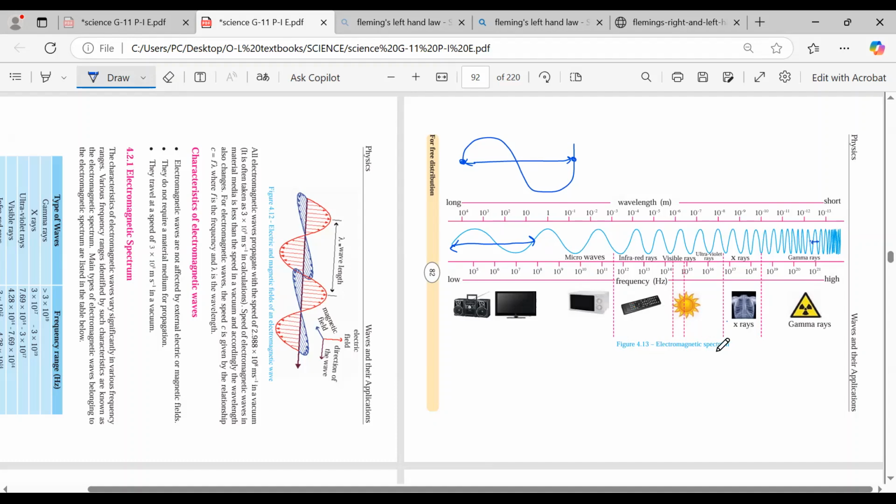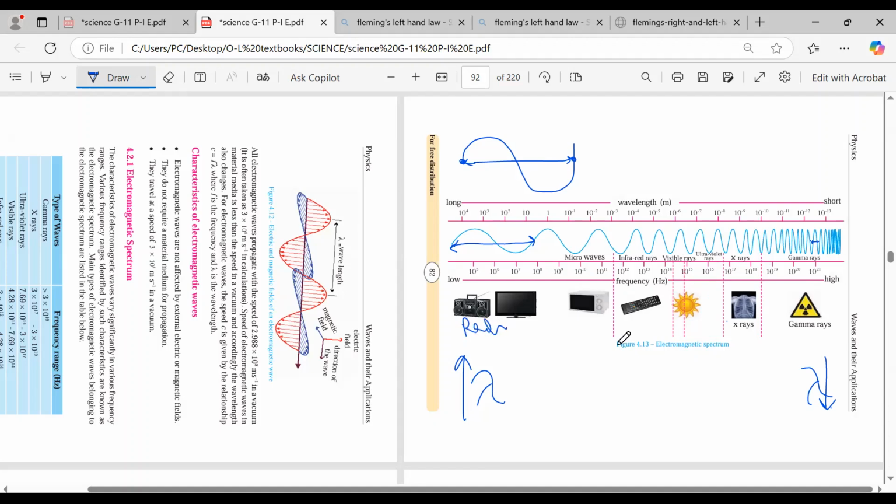In the electromagnetic spectrum, the wavelength is high in this part, and the wavelength is shorter in gamma rays and longer in radio waves. These are radio waves.